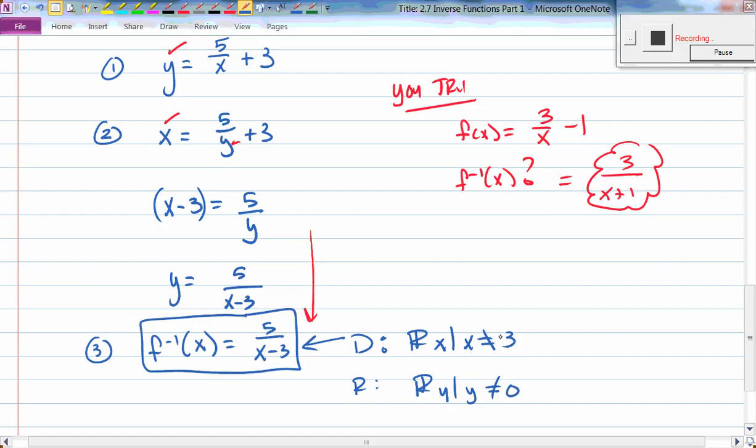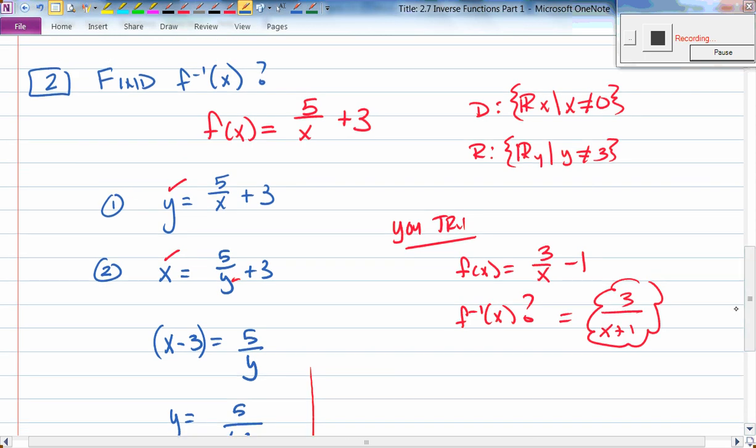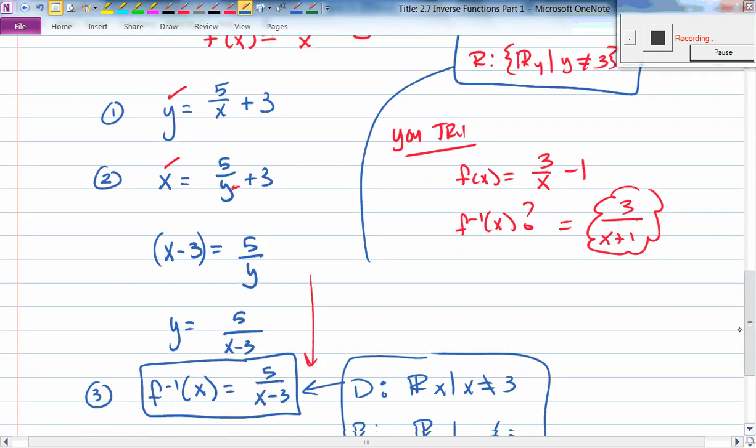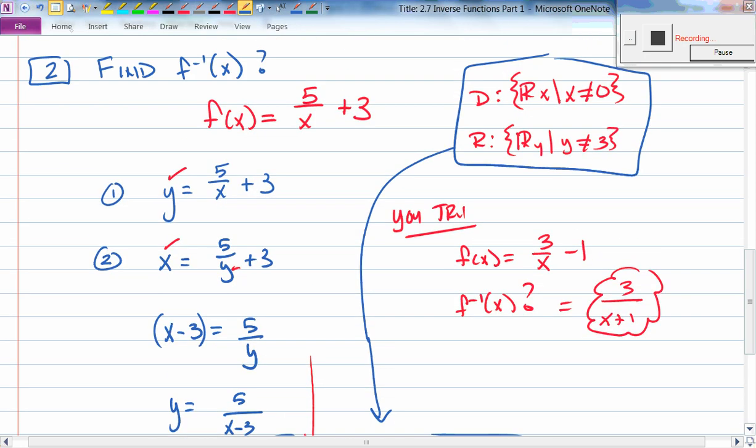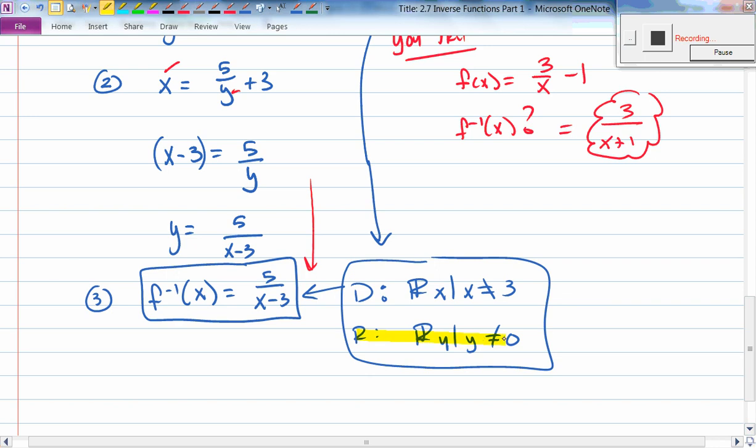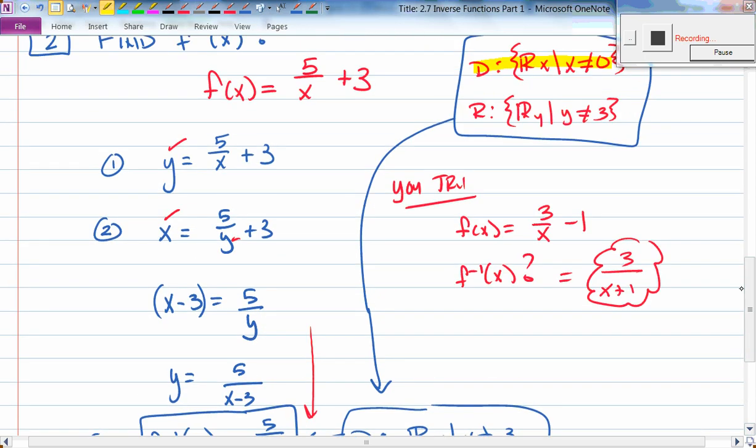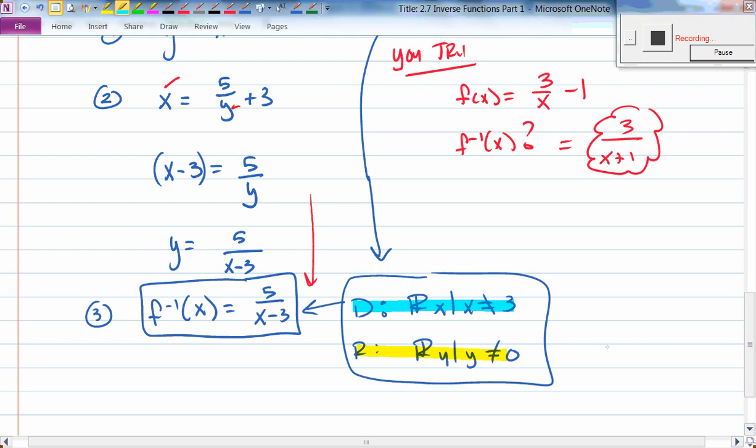So not 0. And what do you notice about this box right there and this box over here? They are opposites of each other. So the domain of your regular function becomes the range of your inverse function, and the range of your regular function becomes the domain of your inverse function. So I wanted to point that out to you.